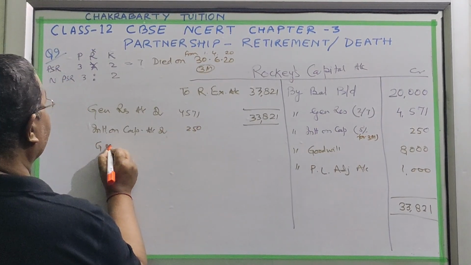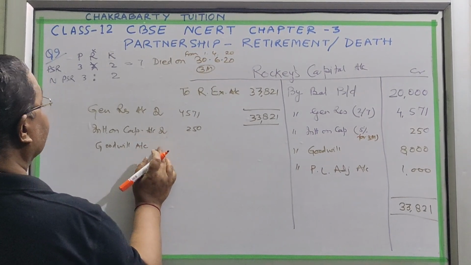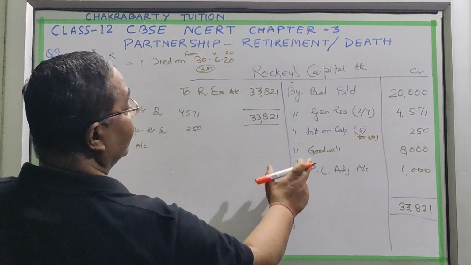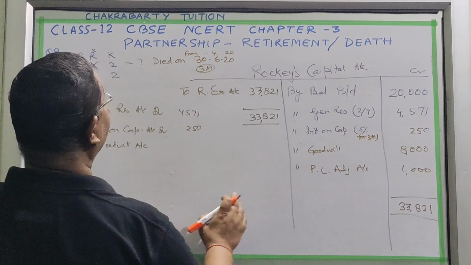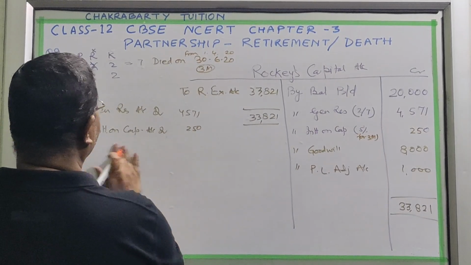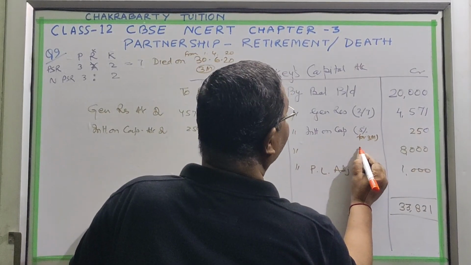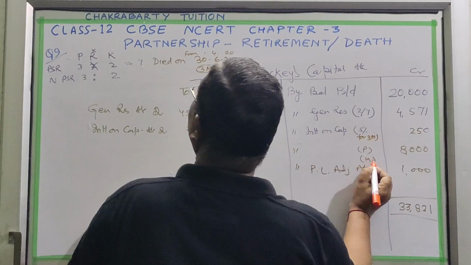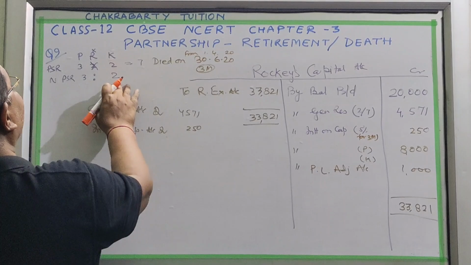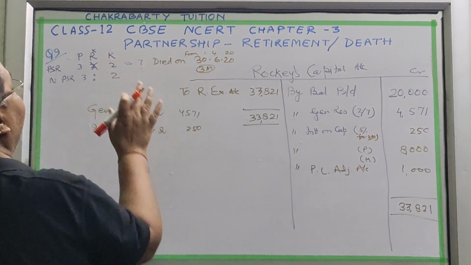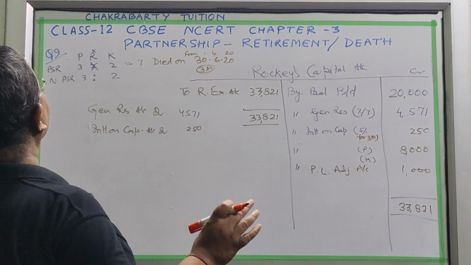Goodwill account, not goodwill account, because this goodwill we have to recover from P and K. So we will change this entry: goodwill 8,000, P and K. P and K are the remaining partners, and because this is the new PSR and nothing is given in the question on how it is to be calculated, you have calculated it.